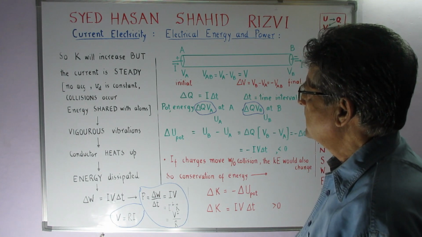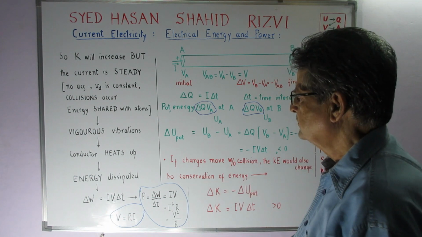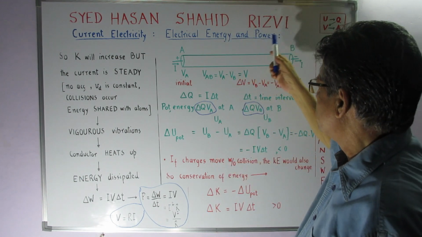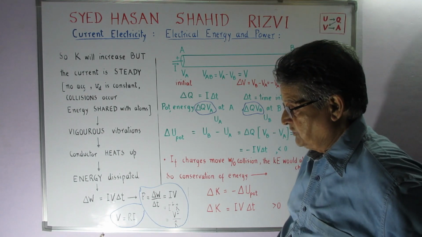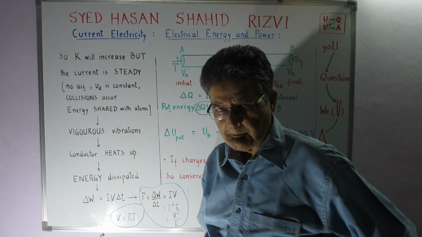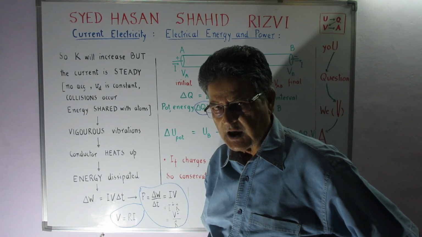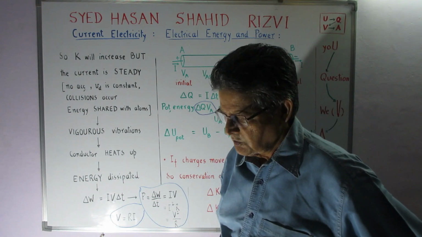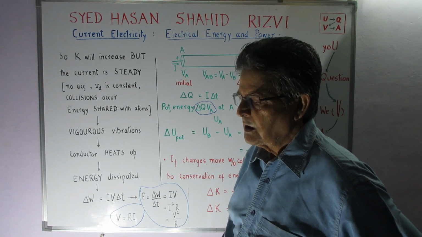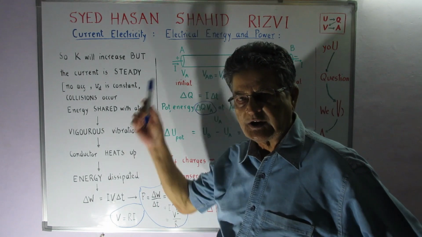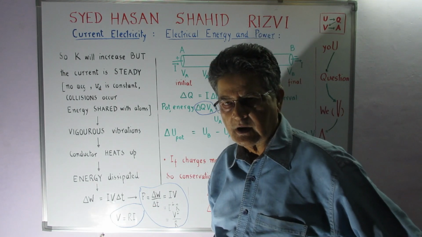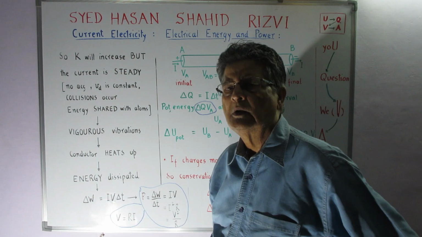And now we talk further about this. So we have just learned that there is electrical energy and there is power. Question is, yes, you can ask me a question. Where from does this power come? Where from does this energy come? So the answer is that the current is made to flow in the circuit which contains a resistor or a conductor when we have a cell or a battery or any other source of steady power.